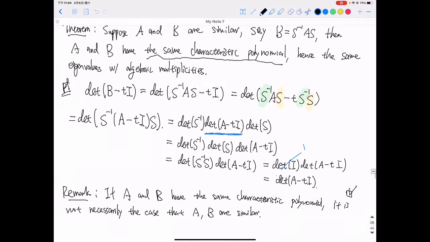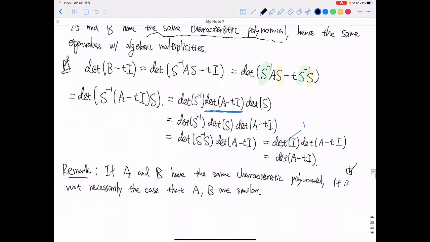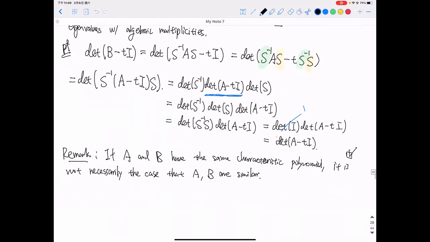The theorem above says that if A and B are similar, then they have the same characteristic polynomial, but the converse is not true. If A and B have the same characteristic polynomial, we can't conclude that A and B are similar.